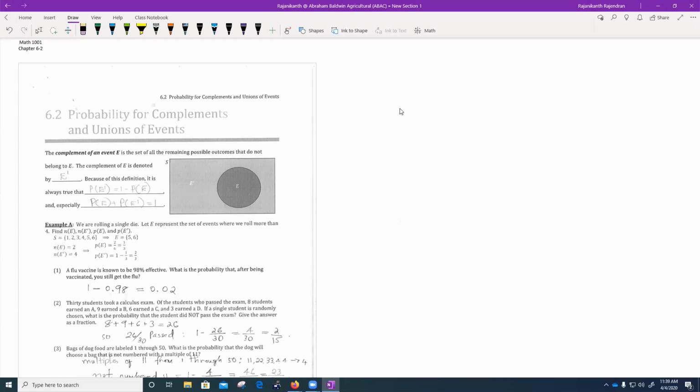The E prime was denoted there by the complement of any set E. Here, event E is my set.